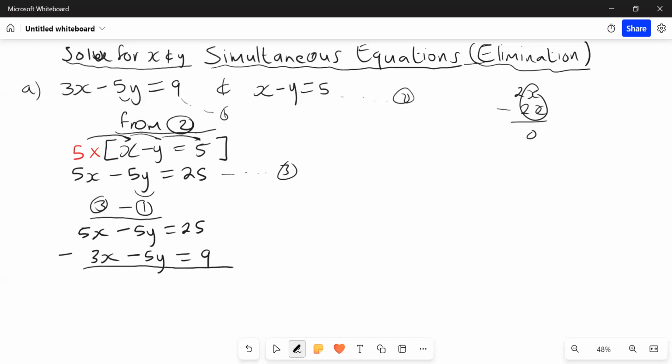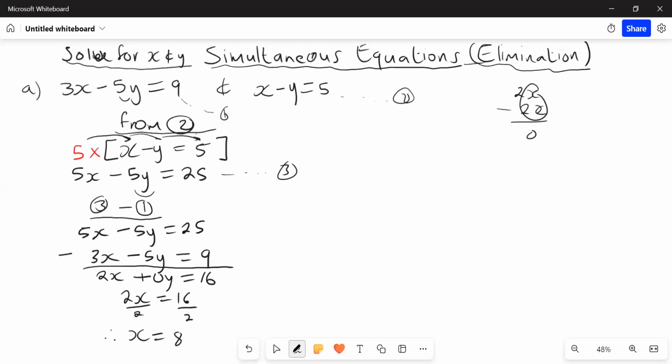Okay, 5 minus 3, that's 2x. Perfect. 5 minus 5, that's plus 0y, equals to 25 minus 9, that's 16. And then 2x equals to 16. We divide both sides by 2. Now our x is equals to 8. Remember, therefore our x is equals to 8.